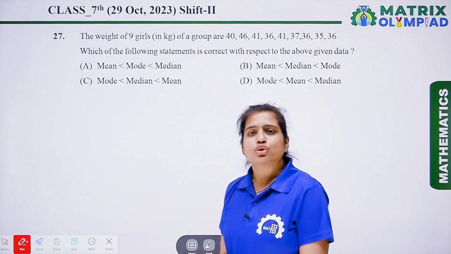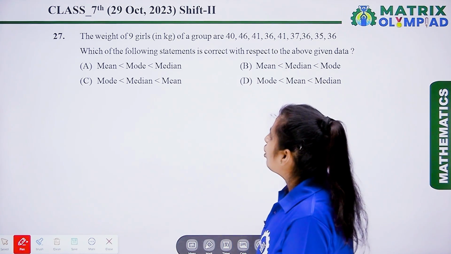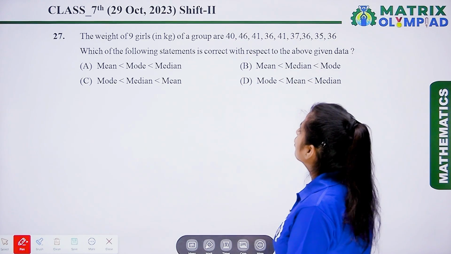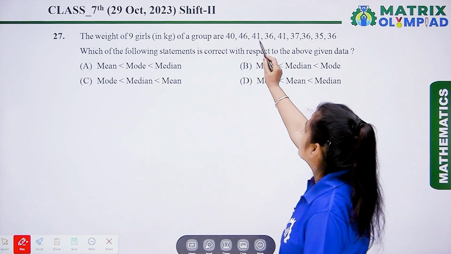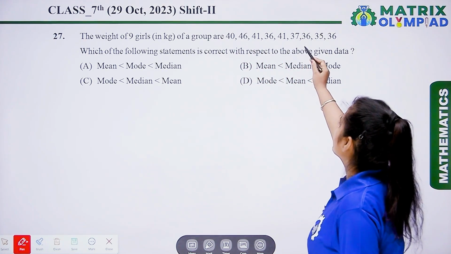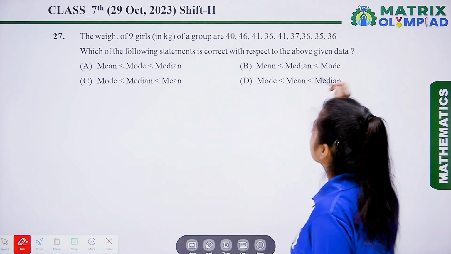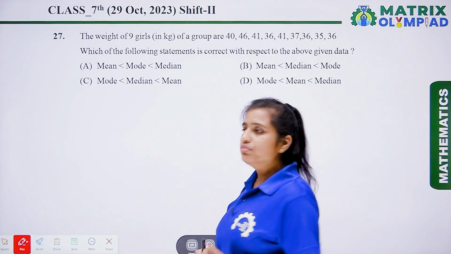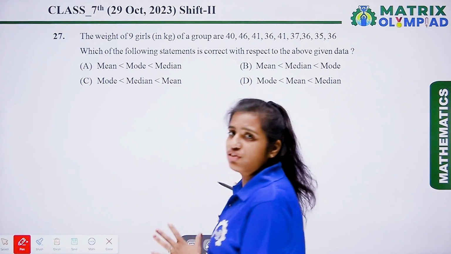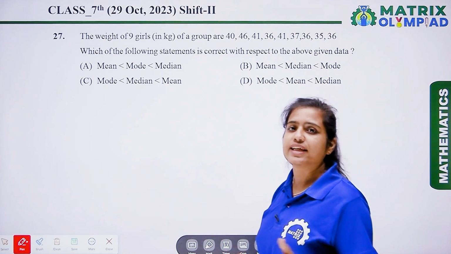The next question is, the weights of 9 girls in kg of a group are 40, 46, 41, 36, 41, 37, 36, 35, 36. Let's arrange this observation in ascending order.